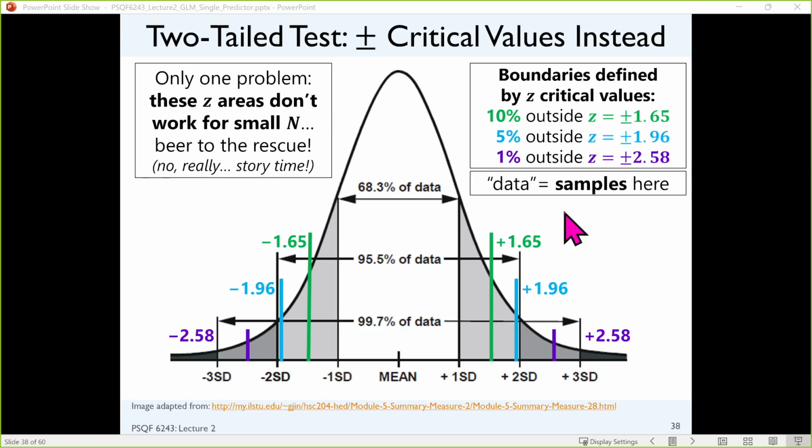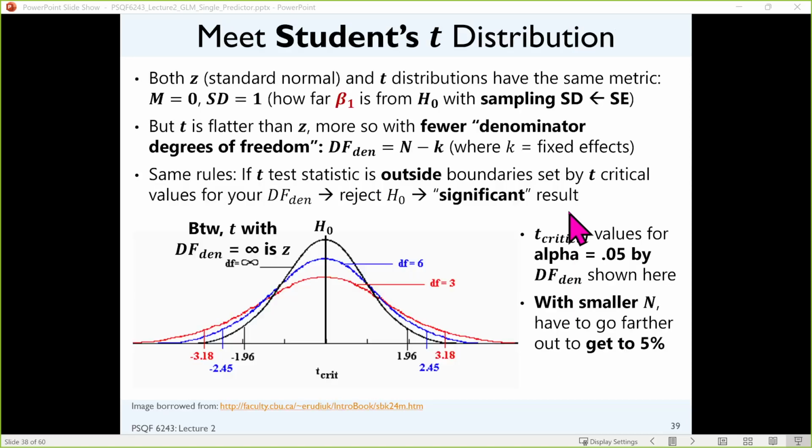So he figured out by hand, not only that this doesn't work in small samples, but what you should do instead. And so everything that we're going to do is going to be using a differently shaped thing that's very similar but different as a function of sample size, known as a t-distribution.